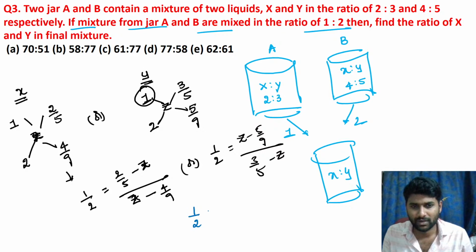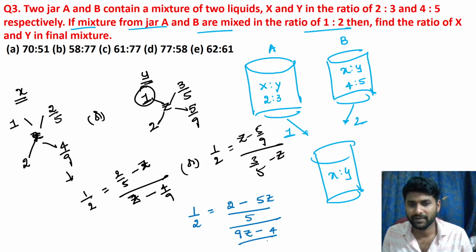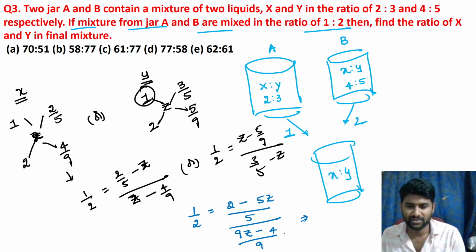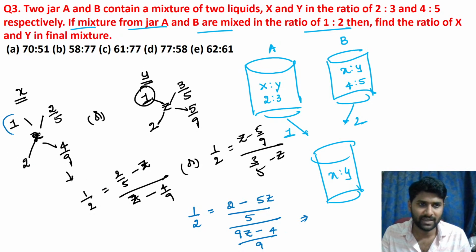So now I am taking 1 by 2 is equal to 2 minus 5z divided by 5, 9z minus 4 divided by 9. Just go through the calculation now. Get the value of 1.